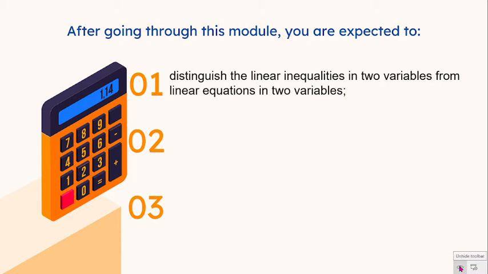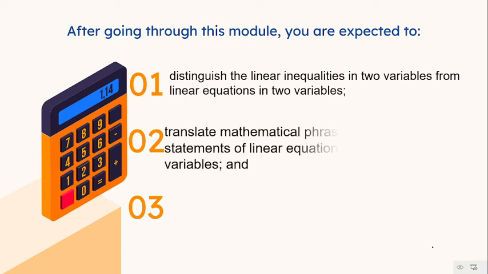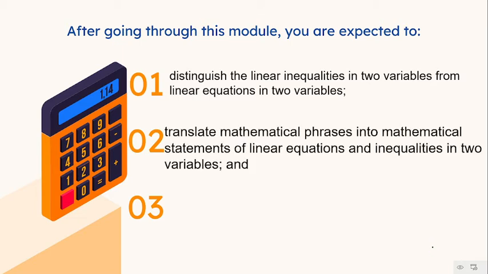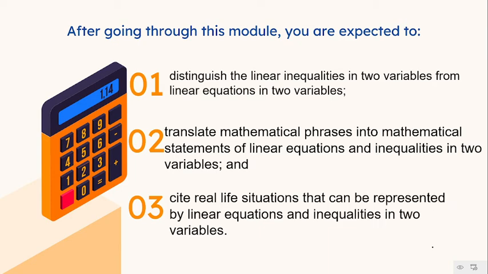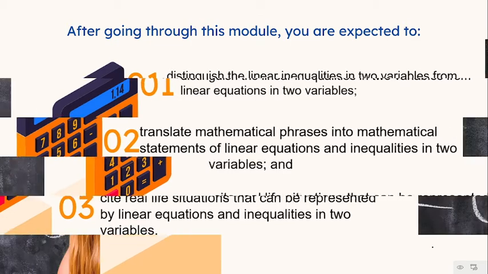Distinguish the linear inequalities in two variables from linear equations in two variables. 2. Translate mathematical phrases into mathematical statements of linear equations and inequalities in two variables. And 3. Cite real-life situations that can be represented by linear equations and inequalities in two variables.